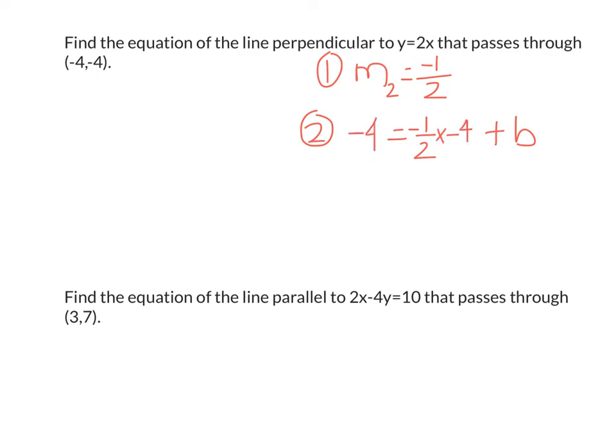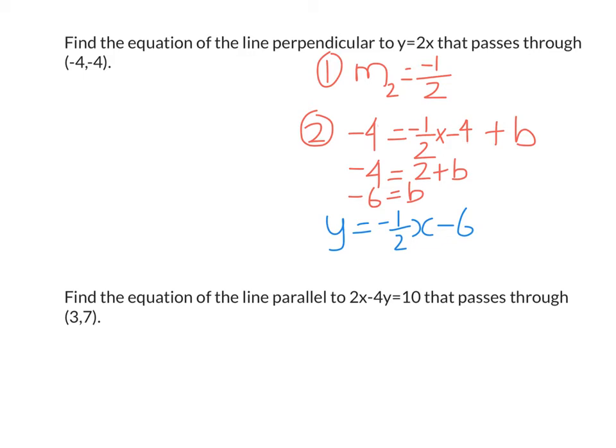Now I'm just going to clean this up a bit. So I get -4 equals -1/2 times -4, which is +2, plus b. Now I just subtract 2 from both sides. So b is -6. So the equation of the line perpendicular to y equals 2x that passes through -4, -4 is y equals mx plus b: y equals -1/2 x minus 6.